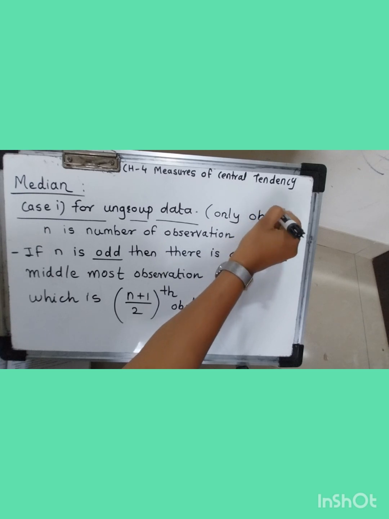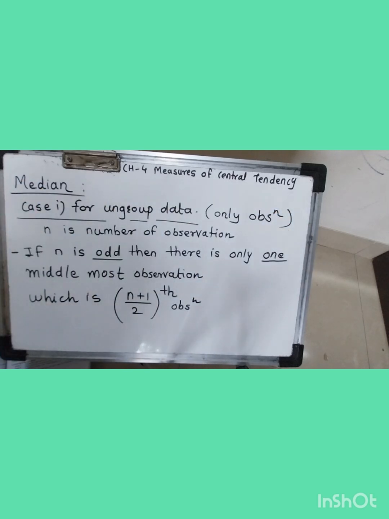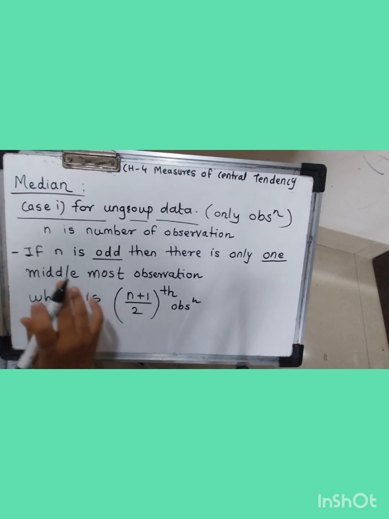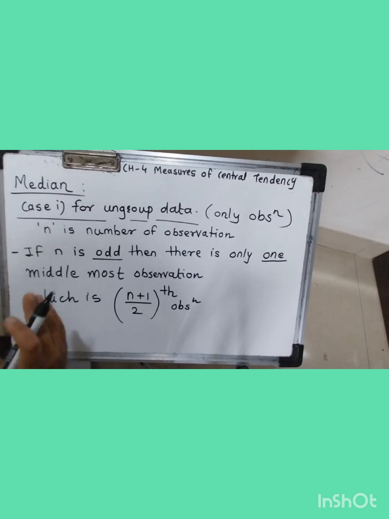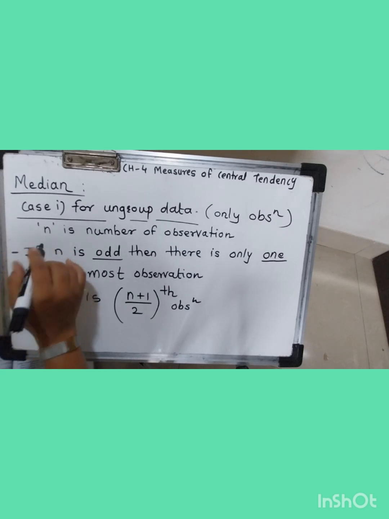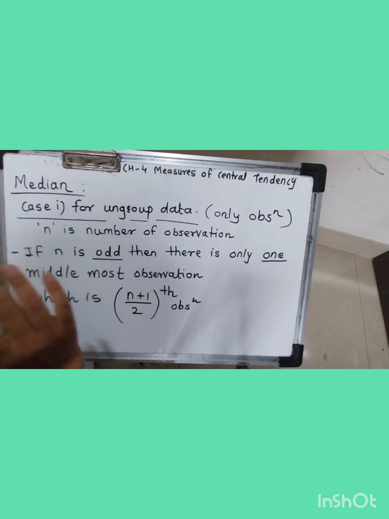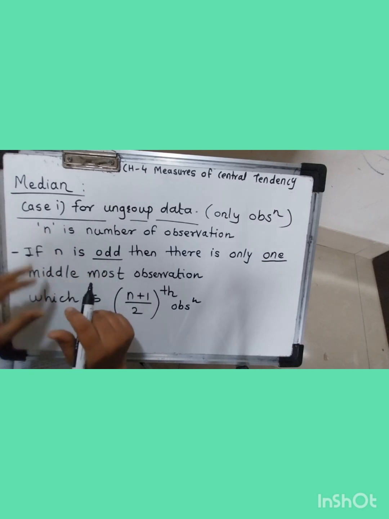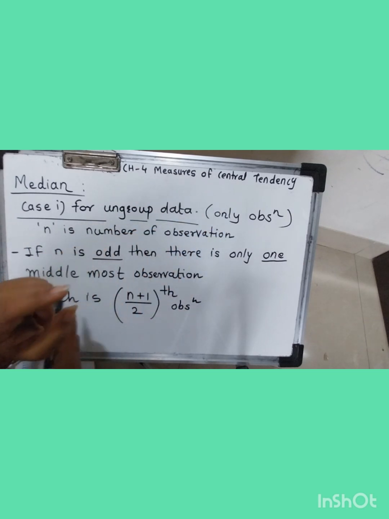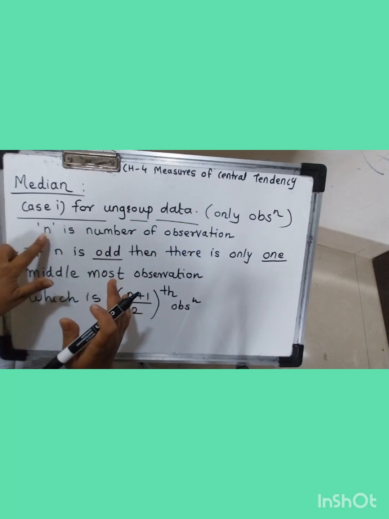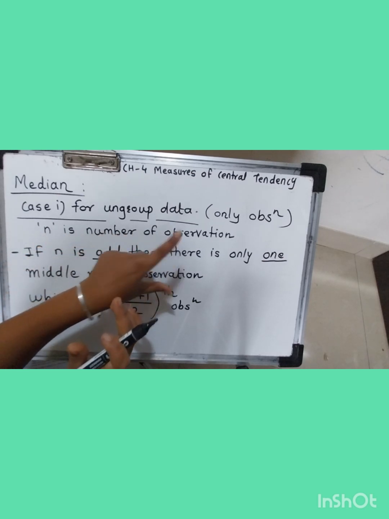Small n means the number of observations, same as we studied in mean.